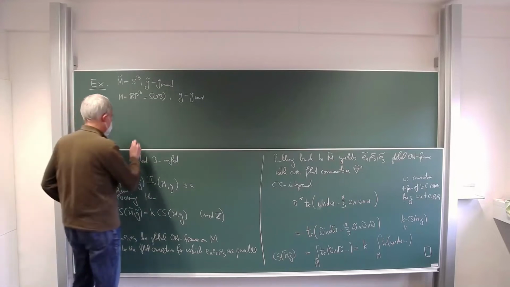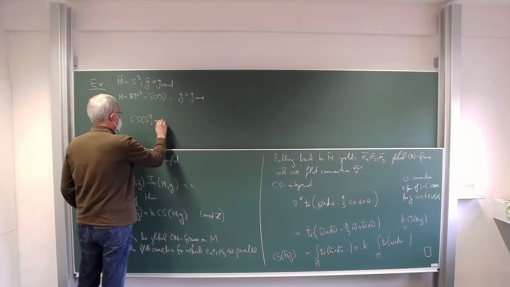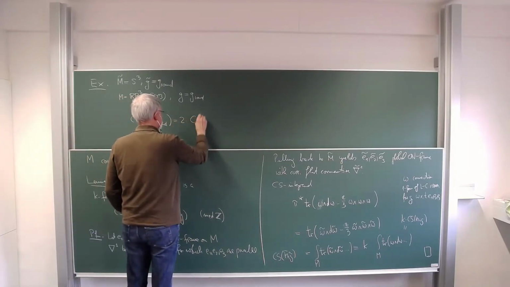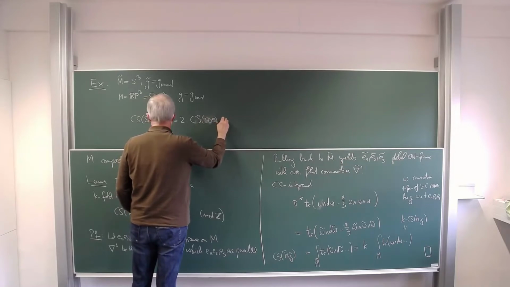And then the lemma tells me that the Chern-Simons invariant of S3 with the round metric is 2 times the Chern-Simons invariant of real projective space, SO3, with the round metric.